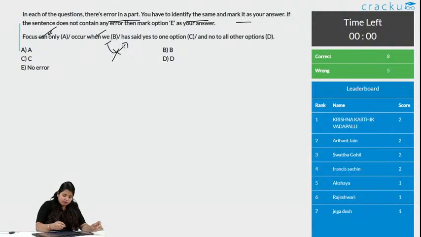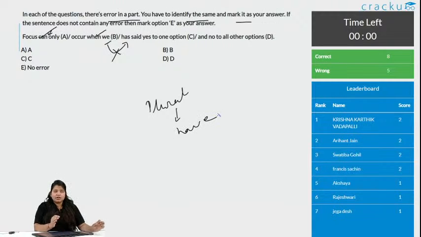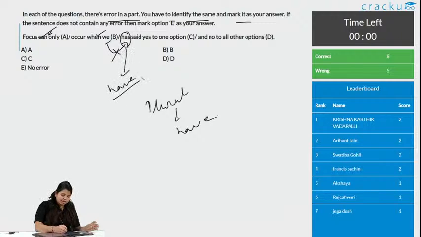No. For plural, what we use is have. So it should be we have. For example, he has, she has, similarly they have, we have, as he and she are singular and they and we are plural. So it should be we have, not has.